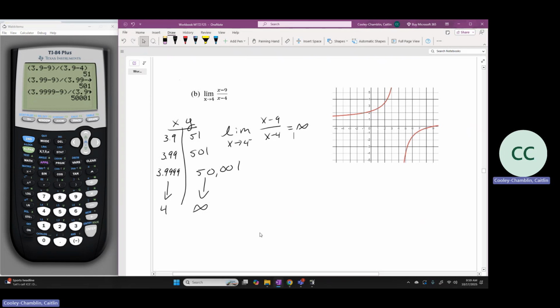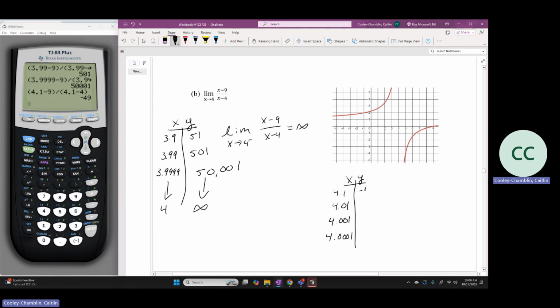So if I start at 4.1, I might do 4.01, 4.001, 4.0001. Okay, and I'm going to plug these into my equation. So we have 4.1 minus 9 divided by 4.1 minus 4.